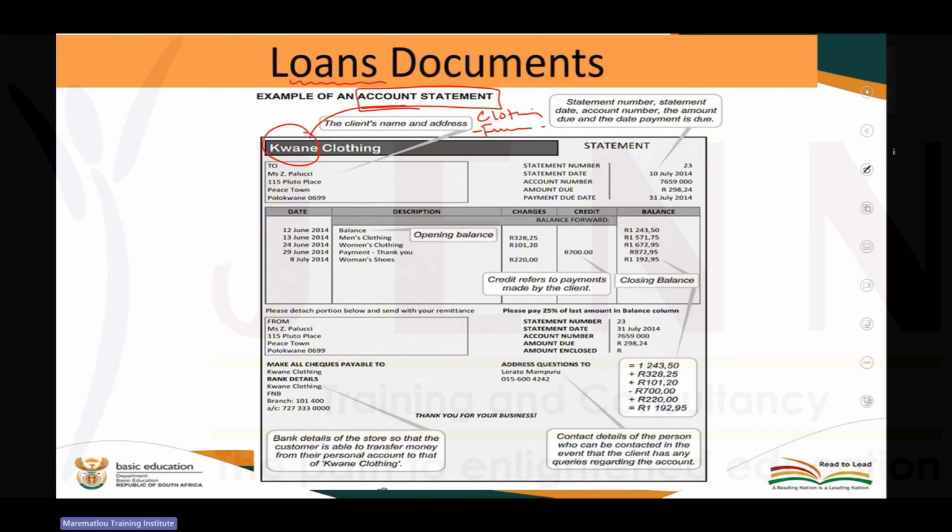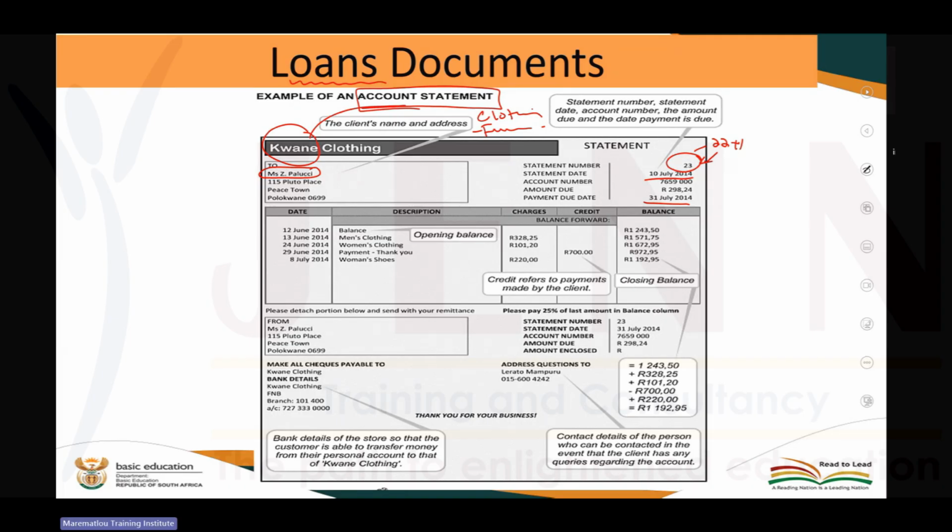You must be able to know it. It looks more or less the same as that one. It is just a norm that at the top of the statement it must have the owner of the account, the name, the date of the statement, even the closing. Look here, it also gives you the number of the statement, meaning this person has already received 22 statements. This one is the 23rd. Yeah, he's paying a lot every month.